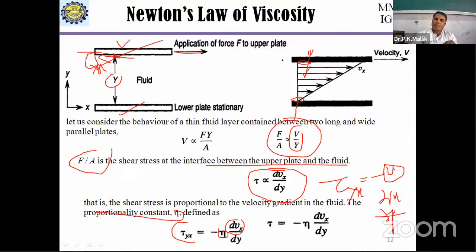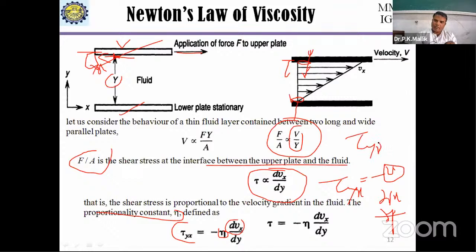The shear stress is minimum here and maximum at the stationary plate. So the rate of transport of momentum in the y direction due to the fluid motion in the x direction is equal to the shear stress, denoted by tau yx.